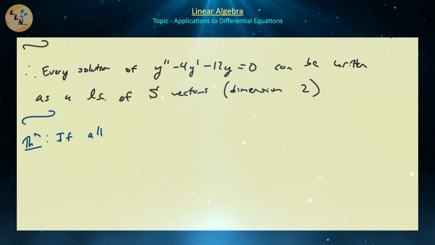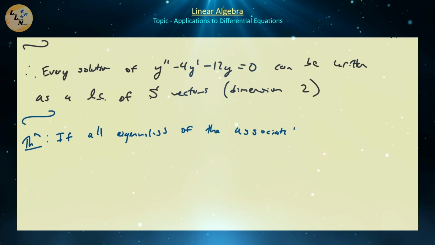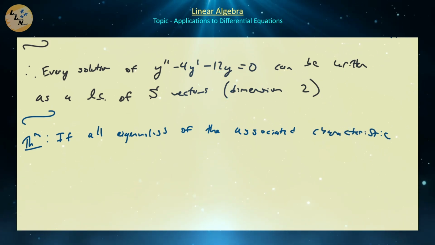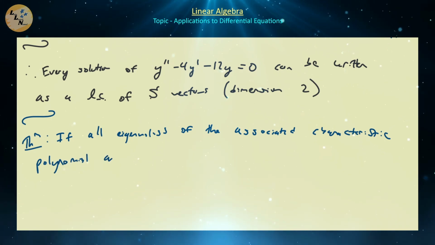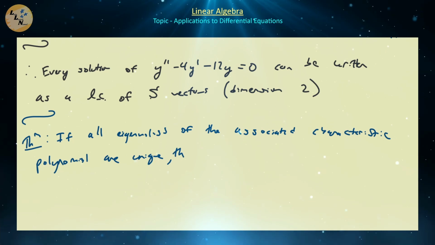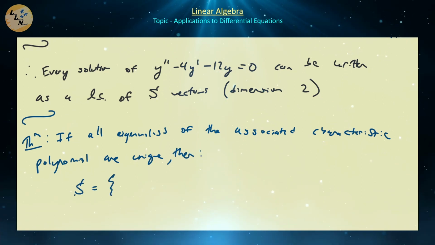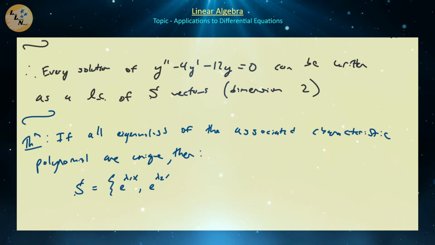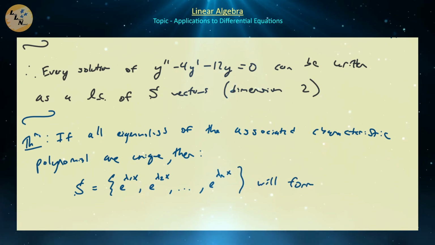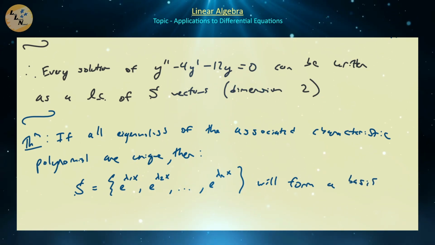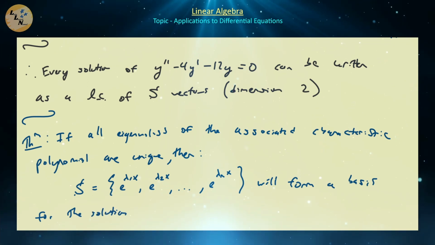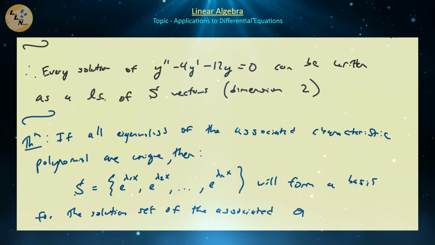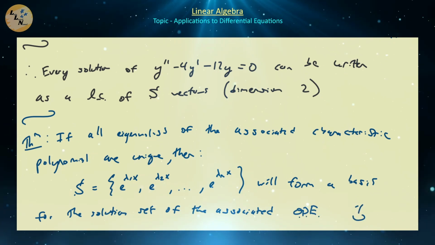So if all eigenvalues of the associated characteristic polynomial are unique, then the set S, which is equal to e to the lambda 1 x, e to the lambda 2 x, all the way down to e to the lambda n x, will form a basis for the solution set of the associated differential equation, which is the principle that we have.